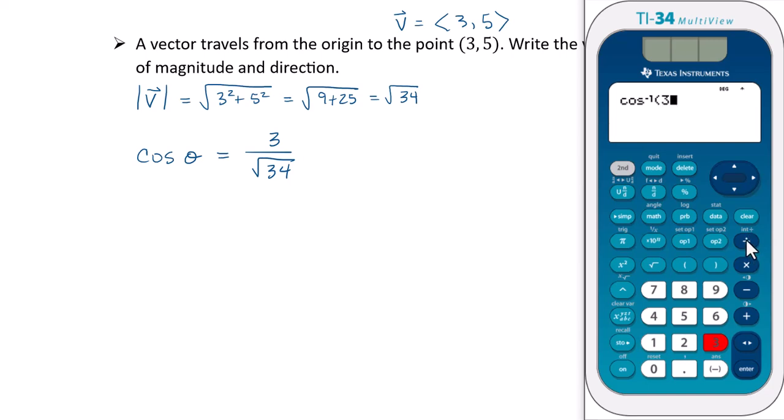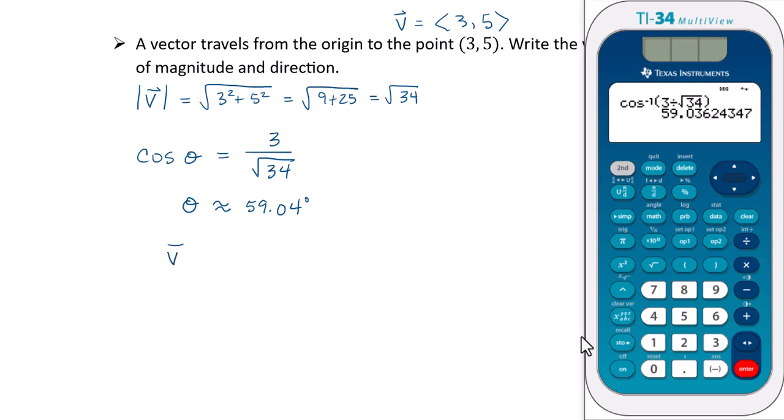That's the inverse cosine of 3 over the square root of 34. And make sure that you get out of the square root there and then close your parentheses. We've got theta is approximately 59.04 degrees.